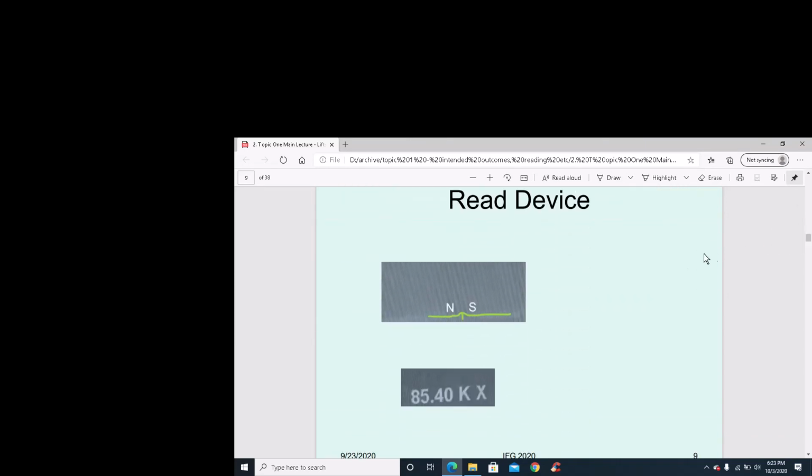So the read device is magnifying this representation of being able to sense the difference between north and south poles, used to represent magnetic poles representing a 1 or a 0. It's been magnified 85,000 times. Tiny.